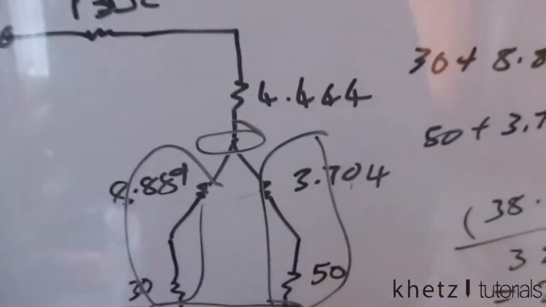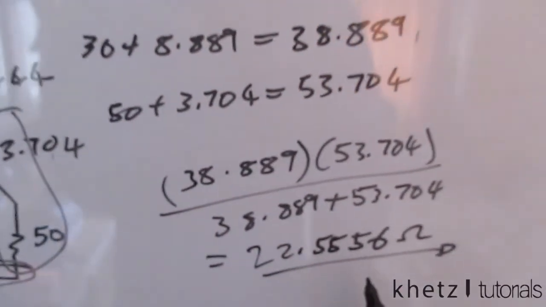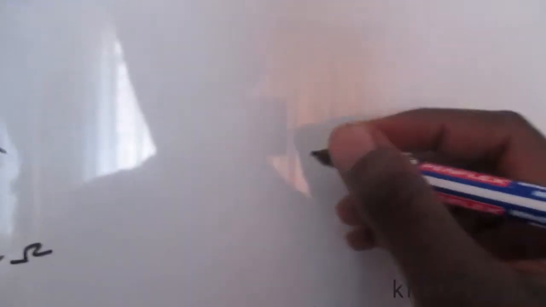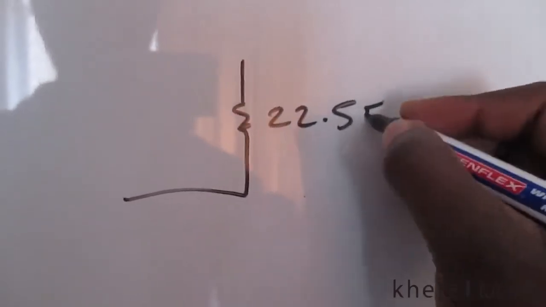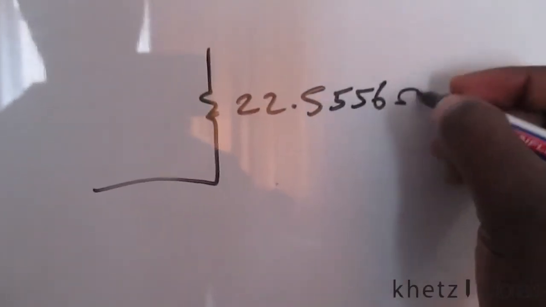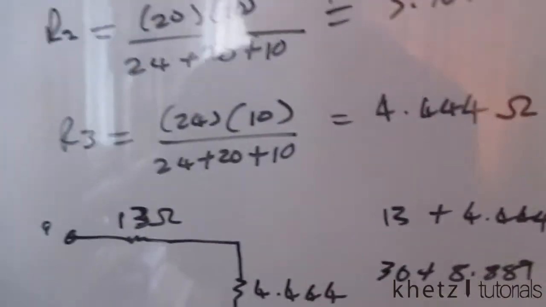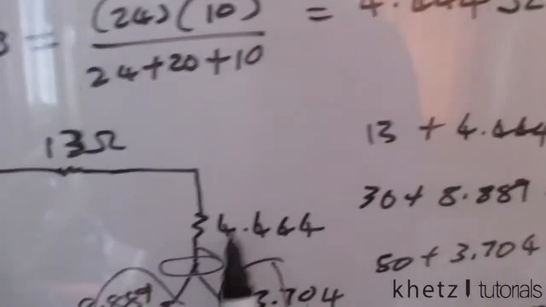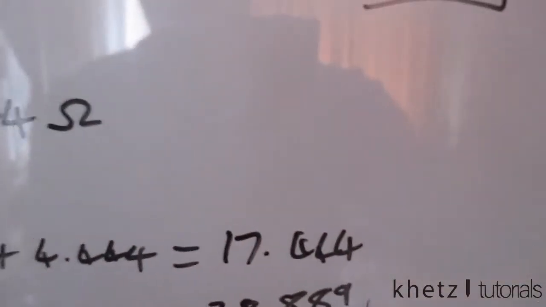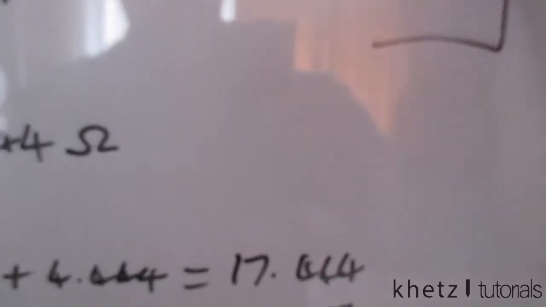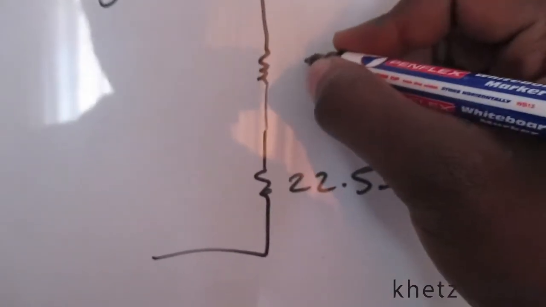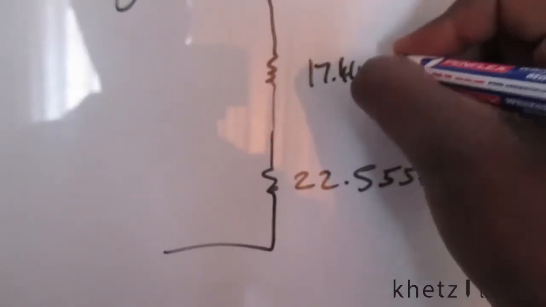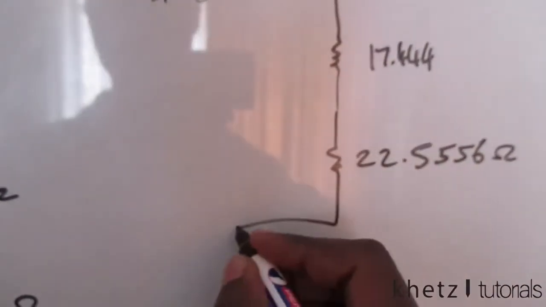We replaced all of this with 22.5556. So drawing the new circuit, we have 22.5556 ohms here, and the result of these two, which is 17.444. So we have 17.444 in series with 22.5556.